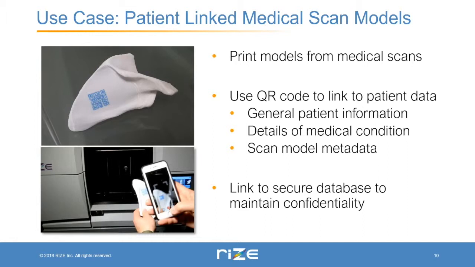So this approach would build trust, traceability, and confidentiality into physical parts, which is valuable not only to doctors, but also to any organization with confidential or classified documentation of physical parts, whether they be models, prototypes, or tools.